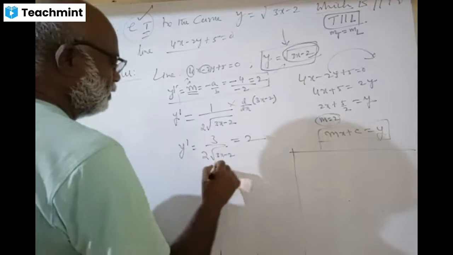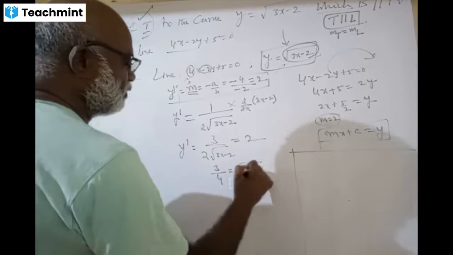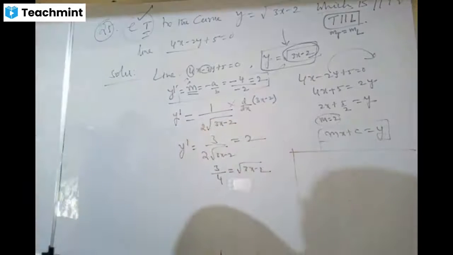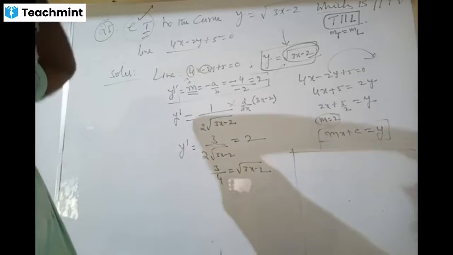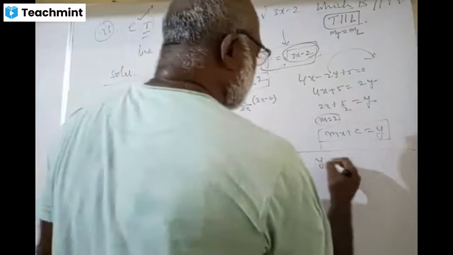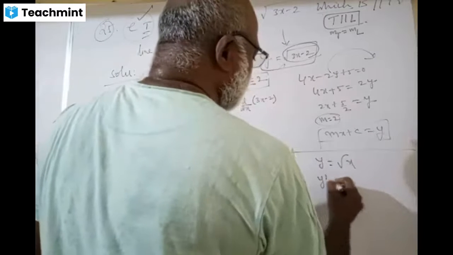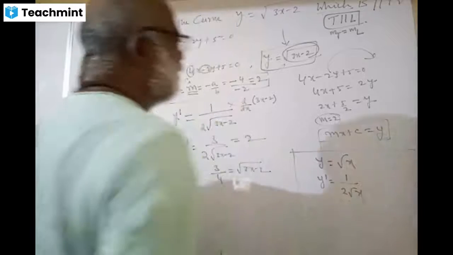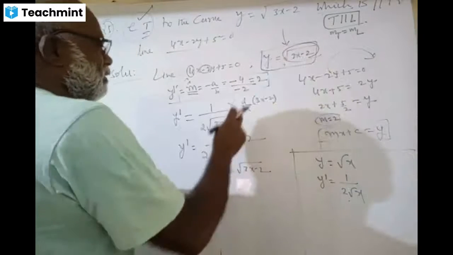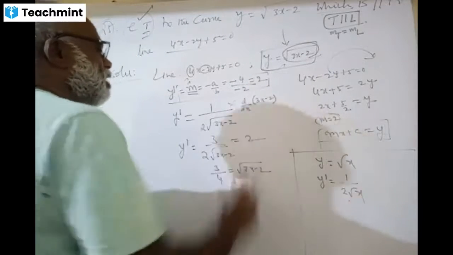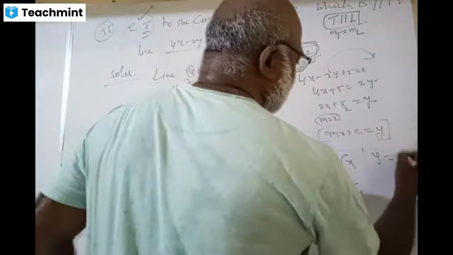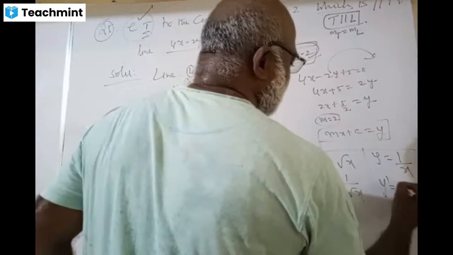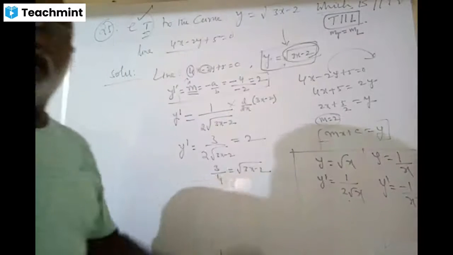So you can write y dash equals 1/2 root x for y equals root x. You are right, Bhavishna, only thing you didn't say is the derivative of 3x minus 2, which is 3. For y equals 1/x, y dash is minus 1/x square, but that is a different case.